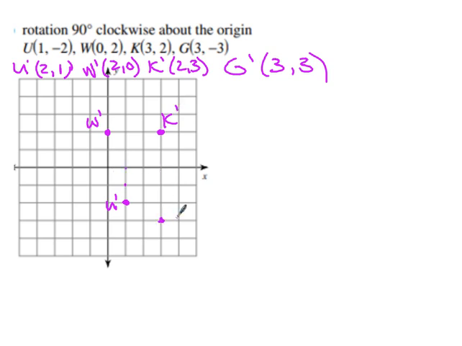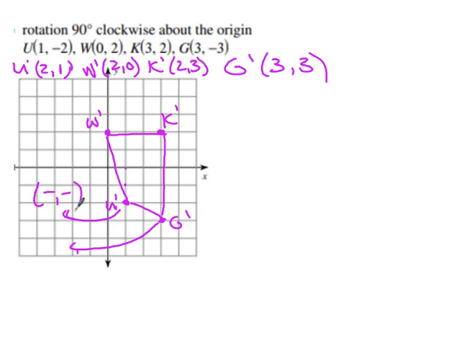Okay. So I already know what all my new values are. Now I just got to see which quadrant we're going to end up in. If we go clockwise, we're going this way. So let's see, U and G are both going to end up over here. Over here, everything's negative. So U and G, everything's going to be negative. So that makes that easy.